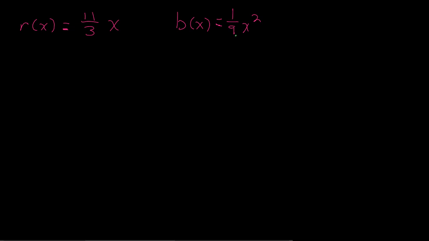In the example the book is using, it's saying that this is the rate the car goes. Slopes are rates of change, and this is the braking distance.